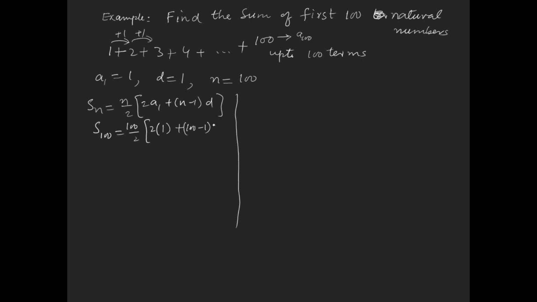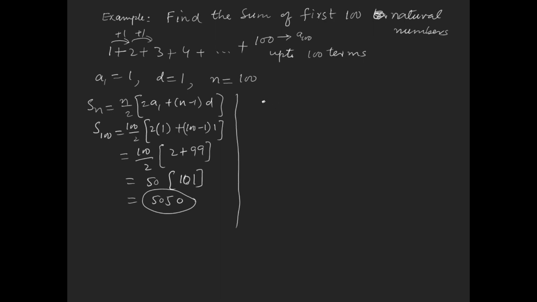What is d? 1. So 100 divided by 2, and 2 plus 99. So 50 multiply 101. So 5050. So this is the answer.